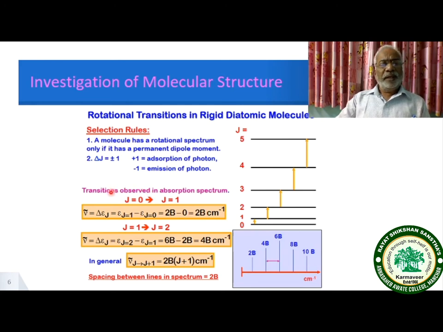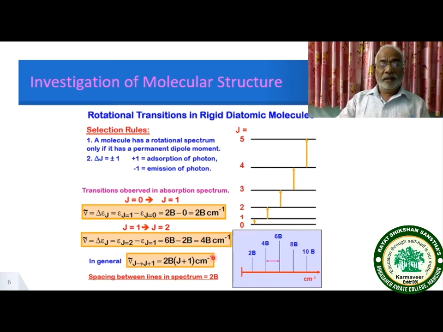Now represent the energy equation for J equal to 0, after substituting J as 0. Represent the energy expression for J equal to 1, substituting J as 1. And the values are, for J equal to 0 to 1, higher energy minus lower energy, 2B minus 0 gives 2B. For the 1 to 2 transition, higher energy is 6B minus 2B, which is 4B.